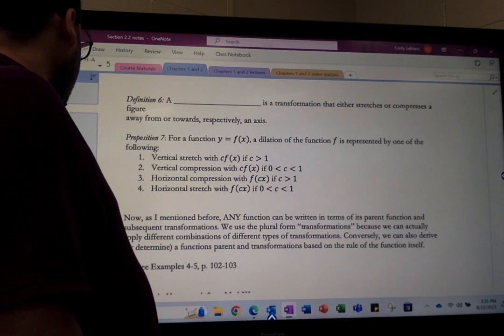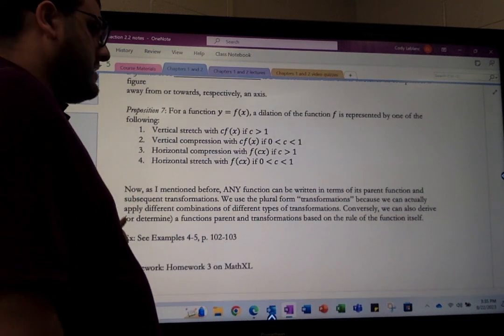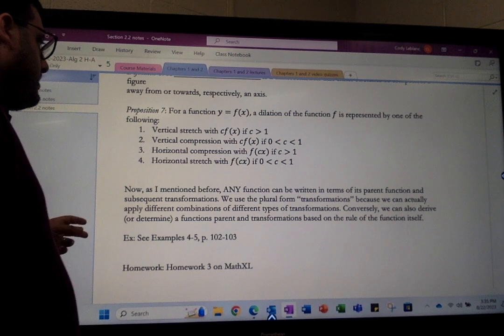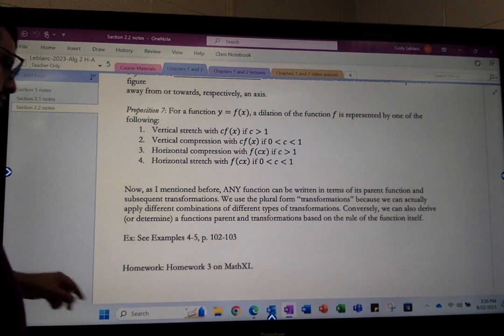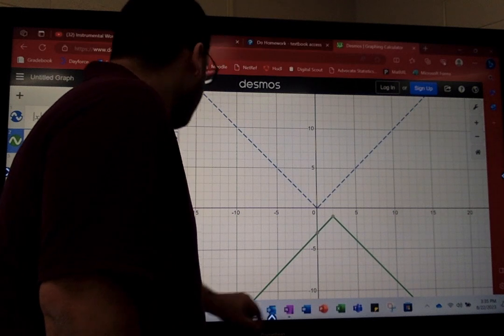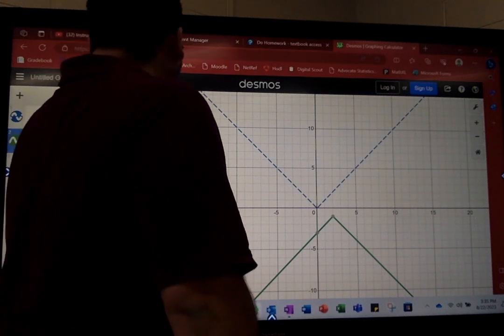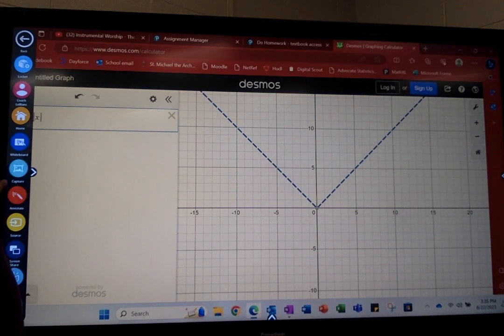So right now I want to show you guys some examples of stretches and compressions, okay? So let's go back to our graph here. We're going to use the absolute value again as our parent. So we're going to do a vertical stretch and a vertical compression here.